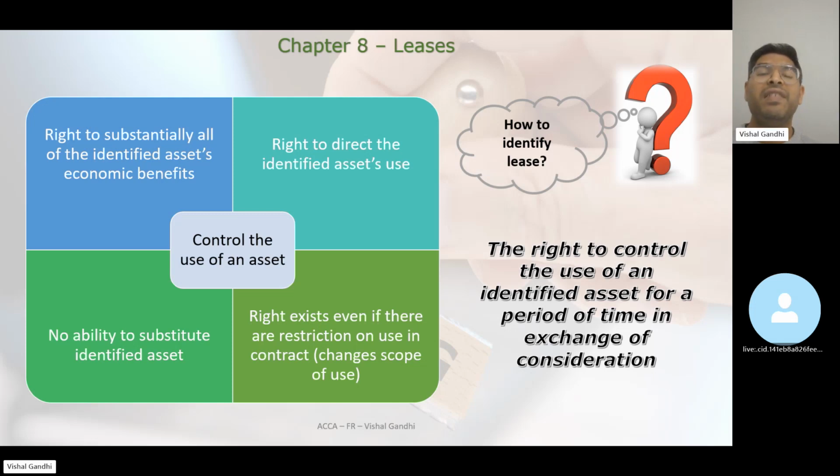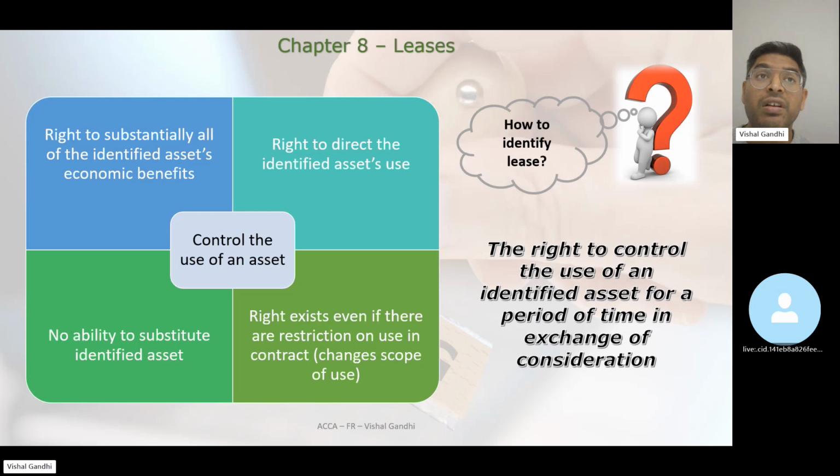But if any lease contract has some conditions, still that is fine. Suppose a ship is taken on a lease, and the lessor has specified a condition in the contract that the ship cannot go in a particular country. That is fine.